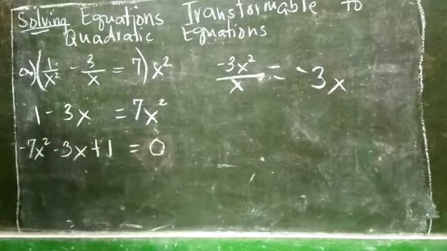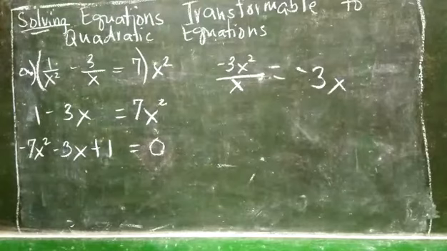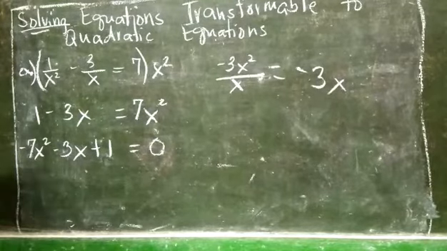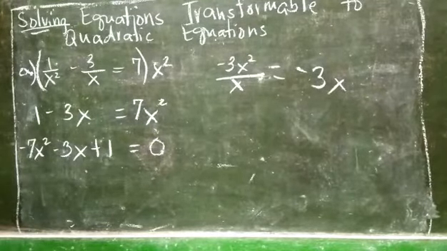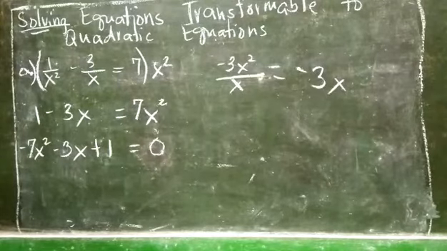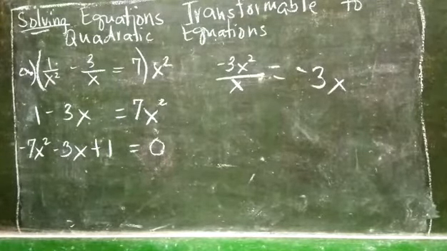Okay? So, pwede nyo siyang gawing positive by multiplying the whole equation by negative 1. Or pwede din kahit hindi na. So, in the example in your module, you can notice that the equation used in solving the equation is 7x squared plus 3x minus 1 equals 0.